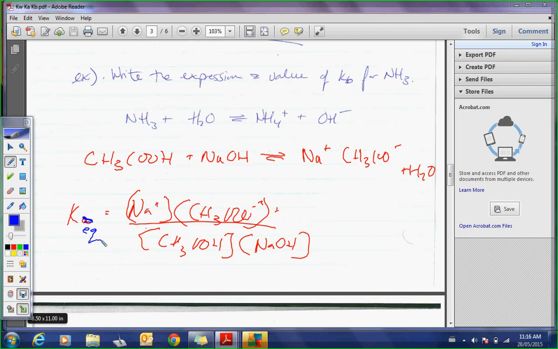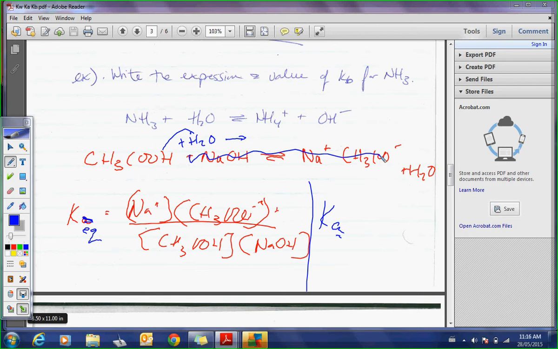This equilibrium reaction, that's the answer to Keq. What's the answer to Ka, which was the question? Remember, it's about your acid in water and the proton transfer, so this doesn't even matter for Ka.